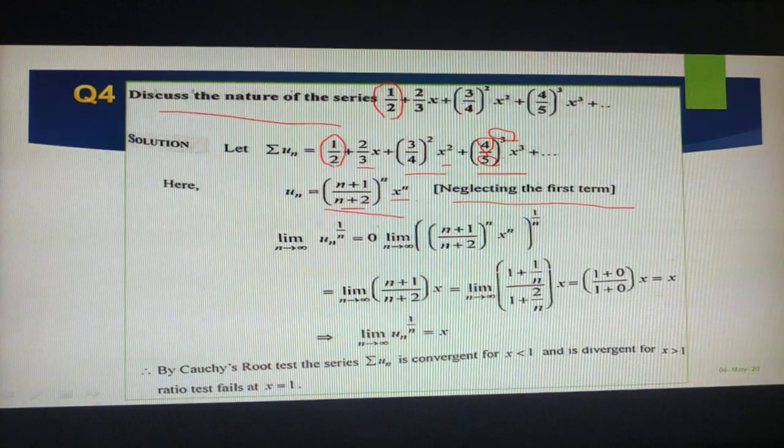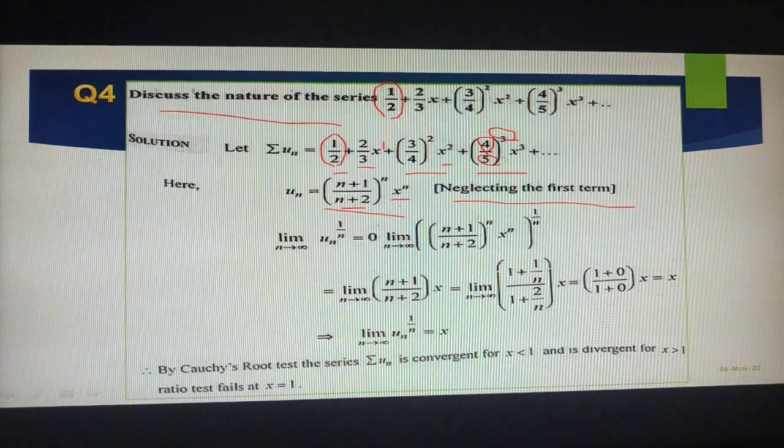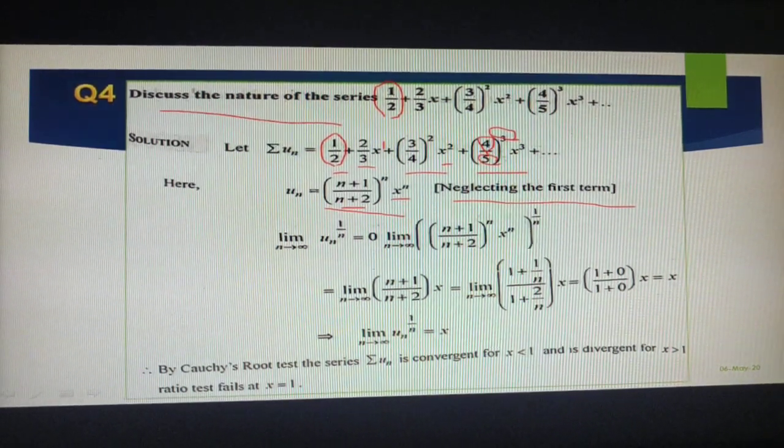Still, some people may have doubt why the first term 1 by 2 is not considered. As I said, that is not giving any information to write the nth term. The other terms are able to give some information. Even 2 by 3 into x is giving some information. If I take x power 1, n is equal to 1, this is n plus 1, this is n plus 2, so we are able to get the whole information.